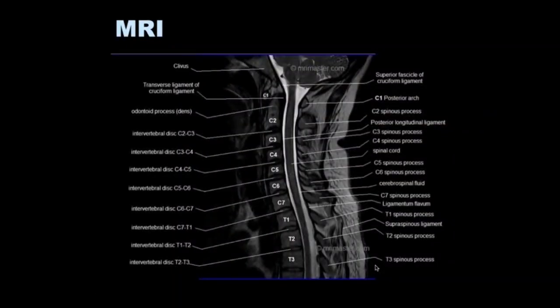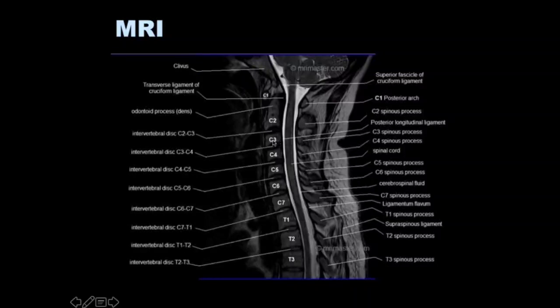Now, looking at the MRI scan, the standard MR sequence that we do is a T2 weighted sequence, which is very good for looking at the CSF spaces and also any cord pathology. So what we are looking for is the vertebral body, the alignment of it, the intervertebral disc spaces, the ligaments that are attaching, looking at the craniocervical junction, the cervical cord, looking at the CSF spaces as well.